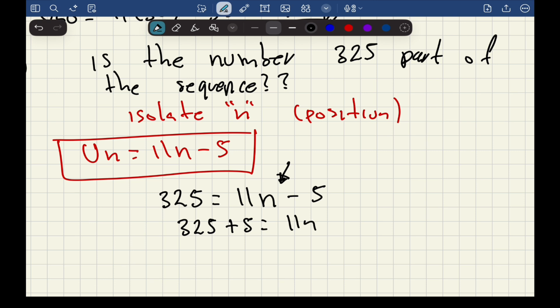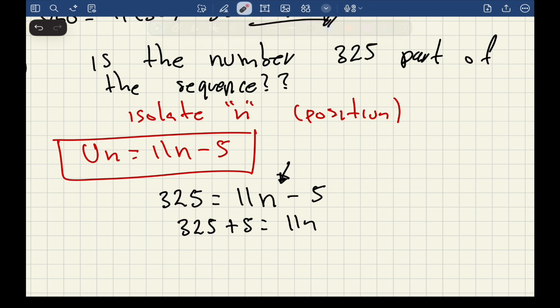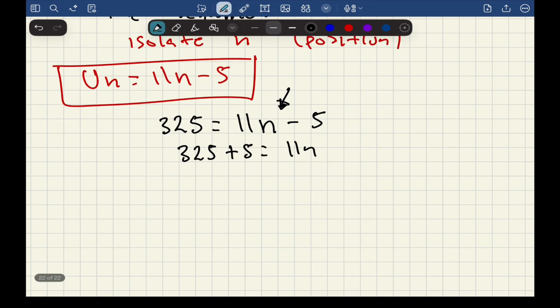Then 11 is multiplying n, so the opposite would be a division. So we have 330 divided by 11. This has to be n. If we divide this, we have 30 is n.